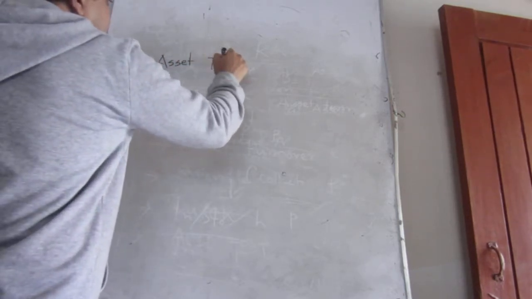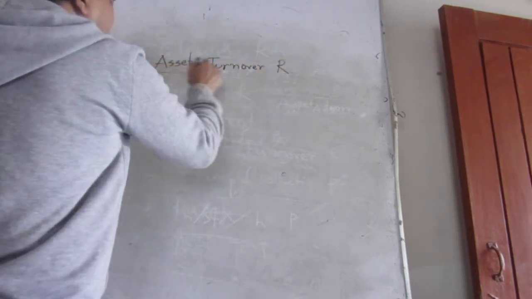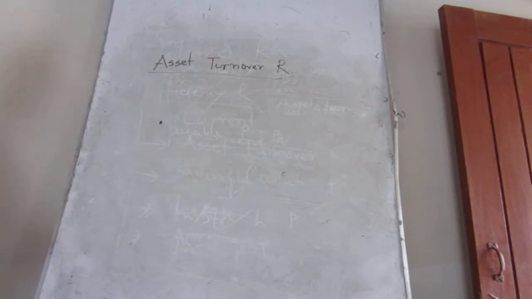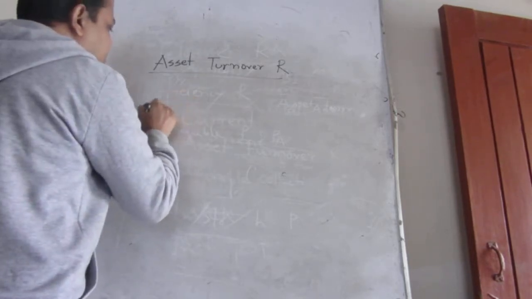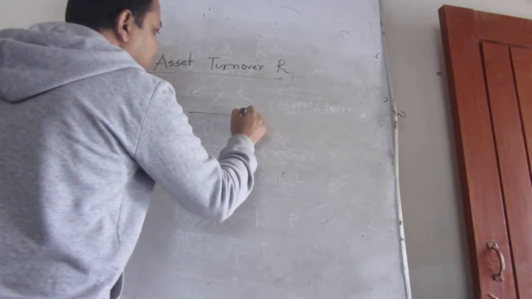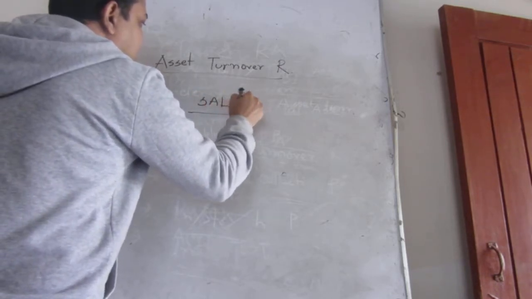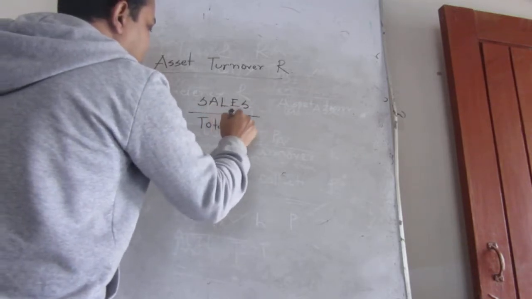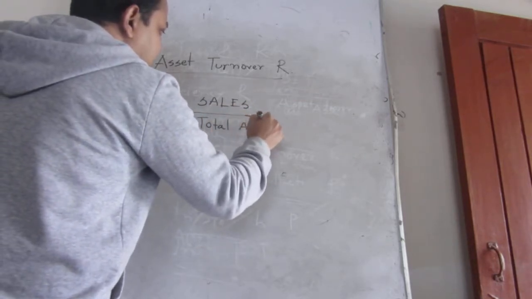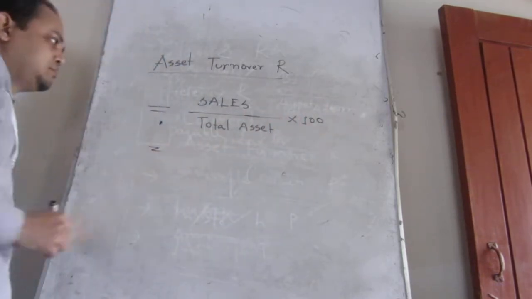Asset turnover ratio. What do you mean by this? Equal to sales divided by total asset into 100.